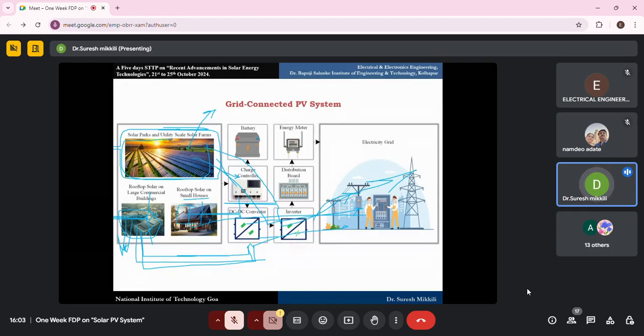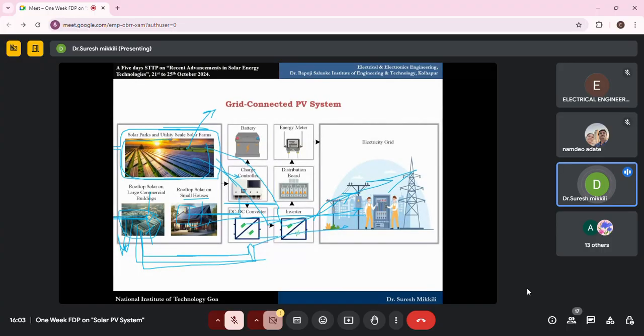If I want to design a boost converter, I should know all of these. If I know everything, then I can design a converter. So for rooftop on small houses, the size of the converter will be smaller.